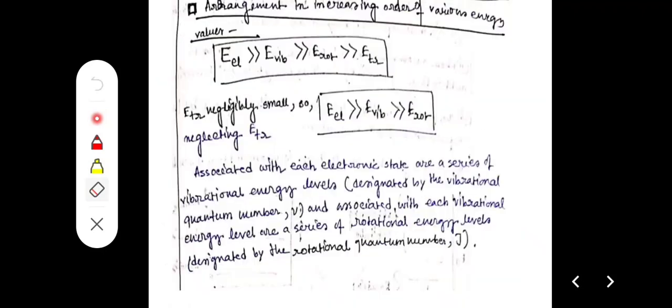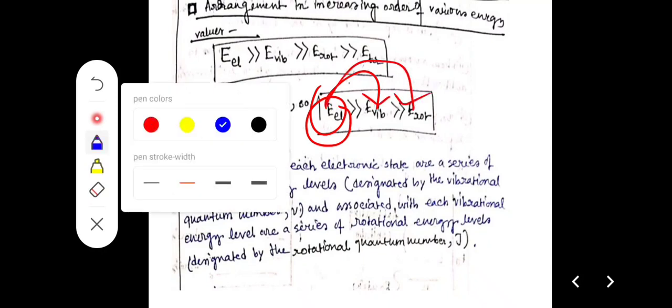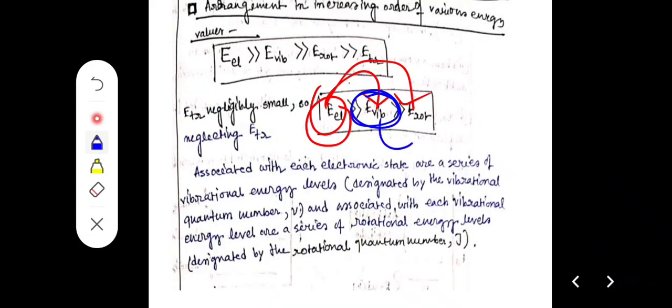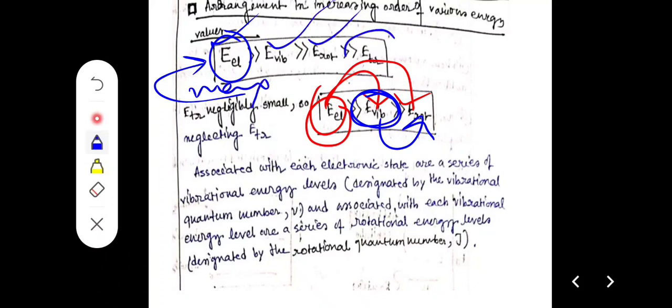Now the next one, arrangement in increasing order of various energy levels. As I told you, all electronic energy consists of vibrational and rotational energy, and all vibrational energy consists of rotational energy. So by this we can justify that the electronic energy should be maximum, then the vibrational energy, then the rotational energy, and the translational energy is also minimum.